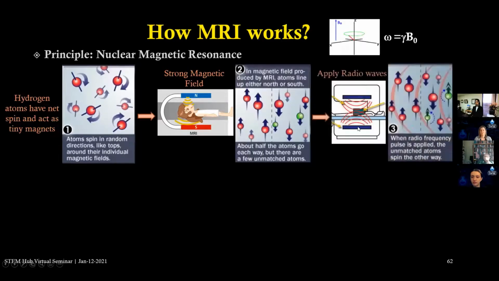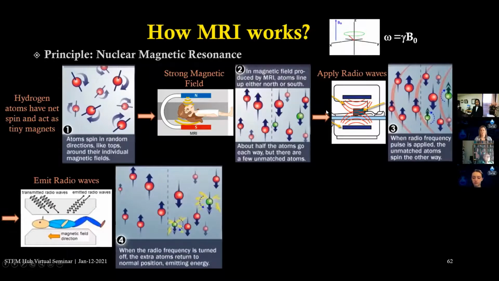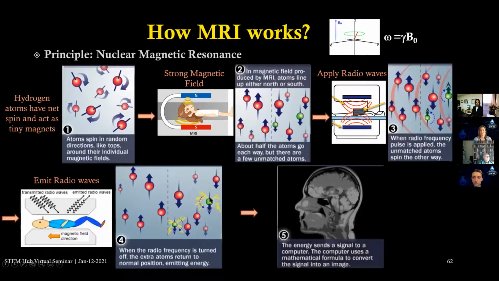So we apply radio frequency waves that match this frequency, creating a resonance effect, and these protons are excited to a higher energy state. Then after the RF excitation is removed, radio waves are emitted back, and that's the signal you collect. You have antennas to collect this signal and produce the image.